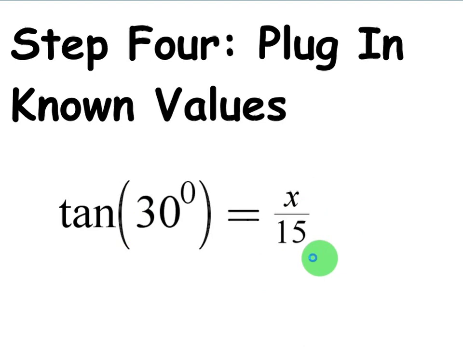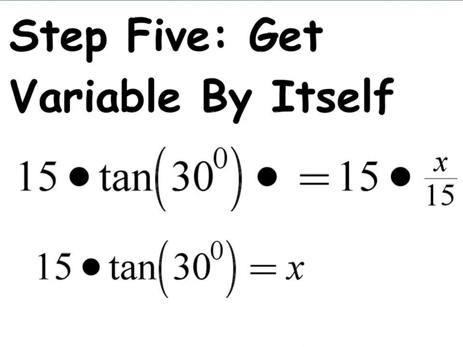So we multiply both sides by 15, and now we have x by itself. The reason we did that was so we could cancel the 15s on the right. Now, I'm going to show you how to do this without a calculator, which goes back to why I had you memorize these values, and then I'll show you with a calculator. Without a calculator, you need to know what tangent of 30 degrees is.